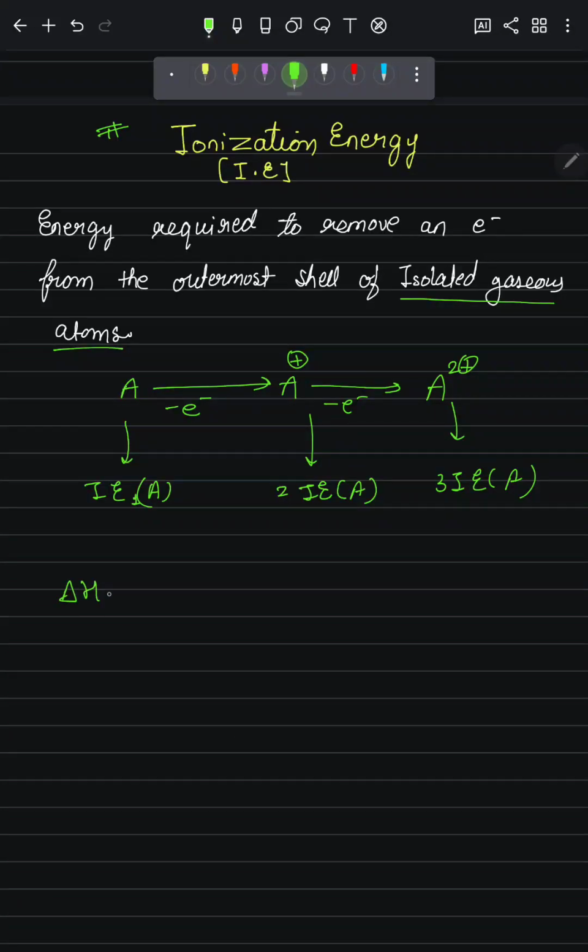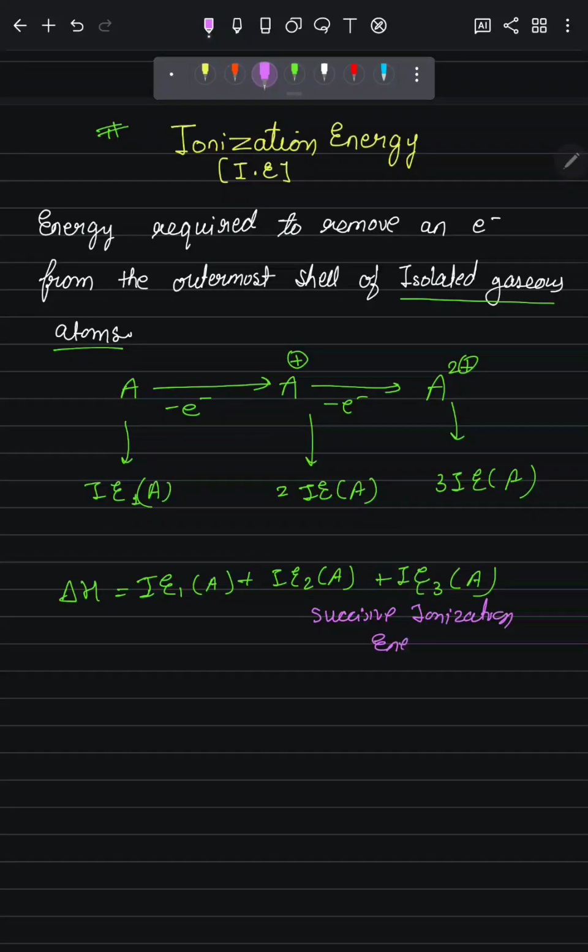The change in enthalpy, del H, is the collection of all these ionization energies: IE1 of A, IE2 of A and IE3 of A. These are called successive ionization energies.